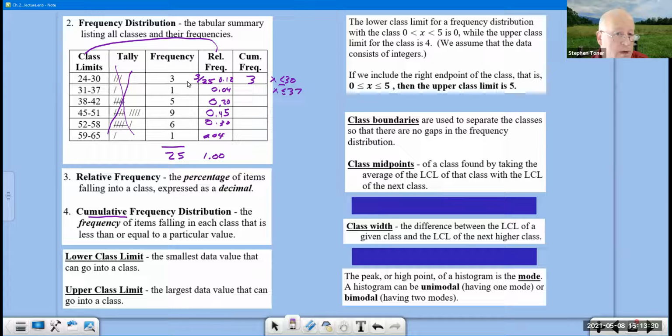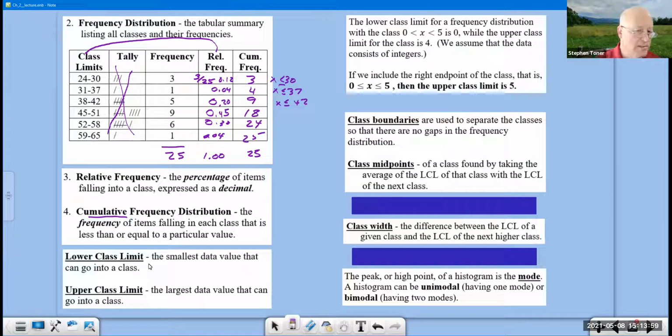And that's the 3 and the 1 beneath it added together, which is 4. And then when I go up to less than or equal to 42, we're going to add in 5 more values, taking this up to 9, then 18, then 24, and then 25. And by the bottom right corner, we should have all 25 out of 25 data values represented within the table.